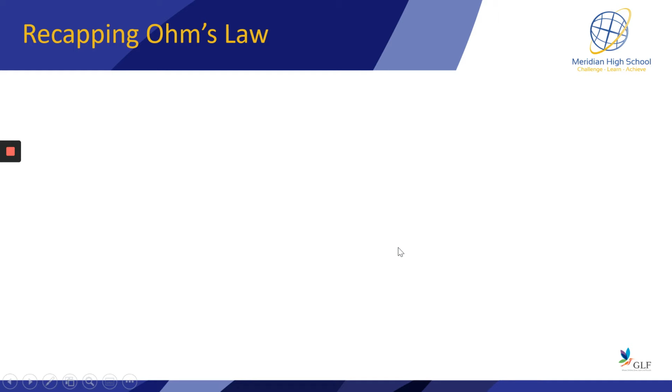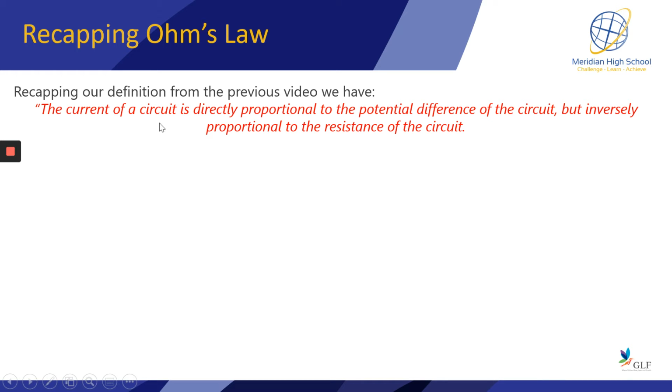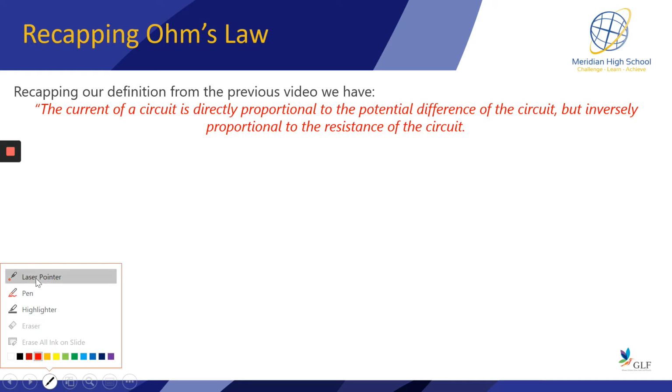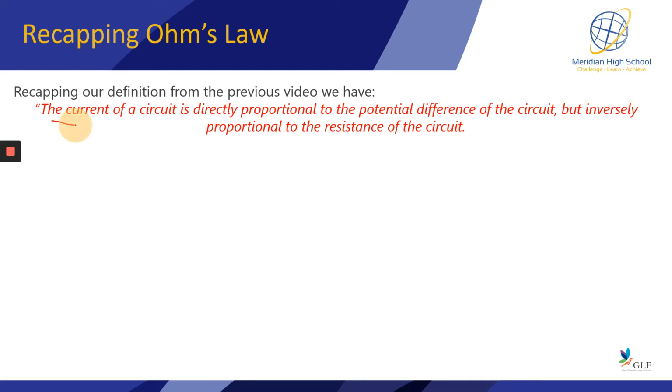Recapping Ohm's Law, we covered this last time, and we had a definition from our previous video where the current of a circuit is directly proportional to the potential difference of the circuit, but inversely proportional to the resistance of the circuit. What this means, and we'll just recap this here, is our current is proportional to the potential difference, and our current is inversely proportional to the resistance.